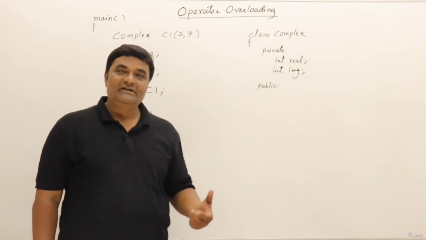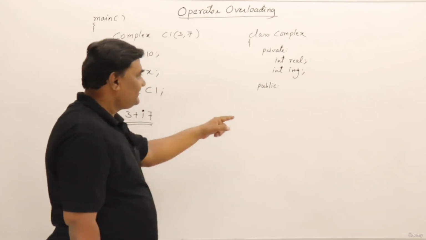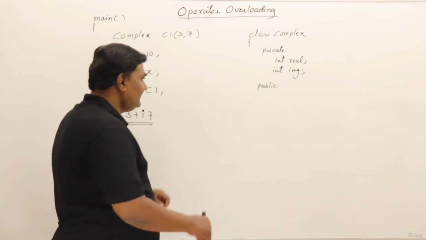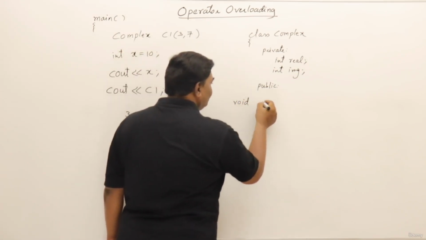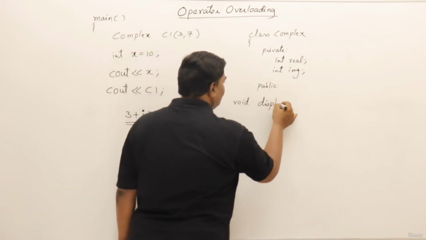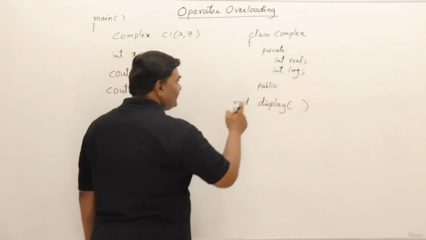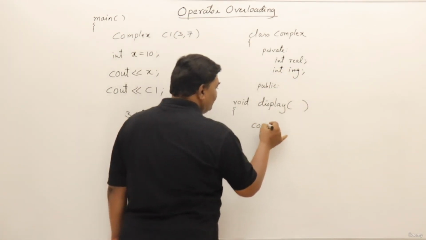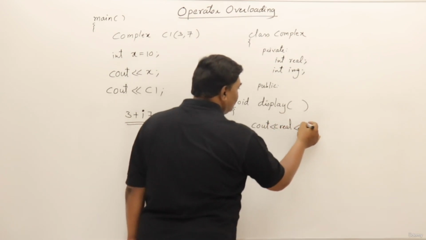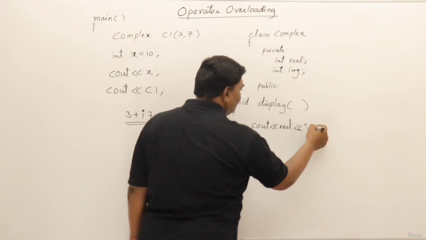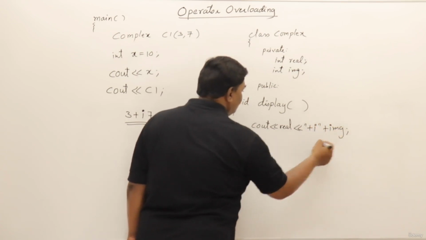Then I will convert it into an operator. So first I will write a function, here itself. Let us say void display. This function will display cout real, plus i, and imaginary.